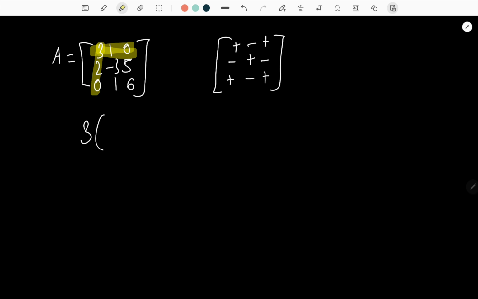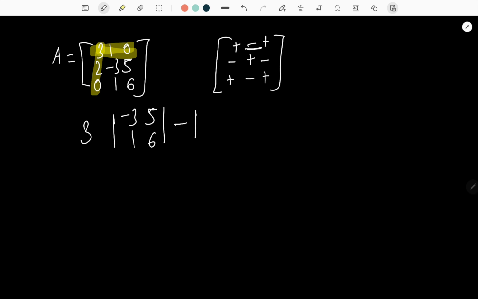So we'll write the matrix here, minus 3, 5, 1, 6. And now remember this sign. As we can see, the next sign is negative, so we have to do minus 1.